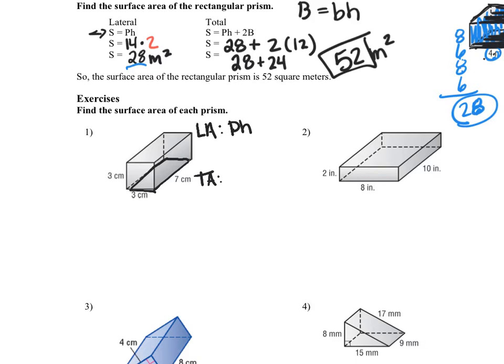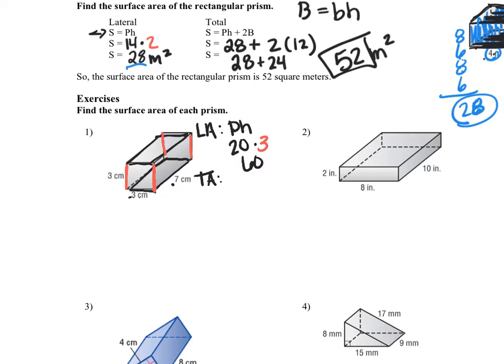Are y'all good with that base? Yes. So 3 by 7, and I have a 3 by 7 on top. The perimeter is 3 plus 7 plus 3 plus 7, which is 20. The height is between your two bases, so it's that piece right there. What's the height? 3. So 20 times 3 is 60.